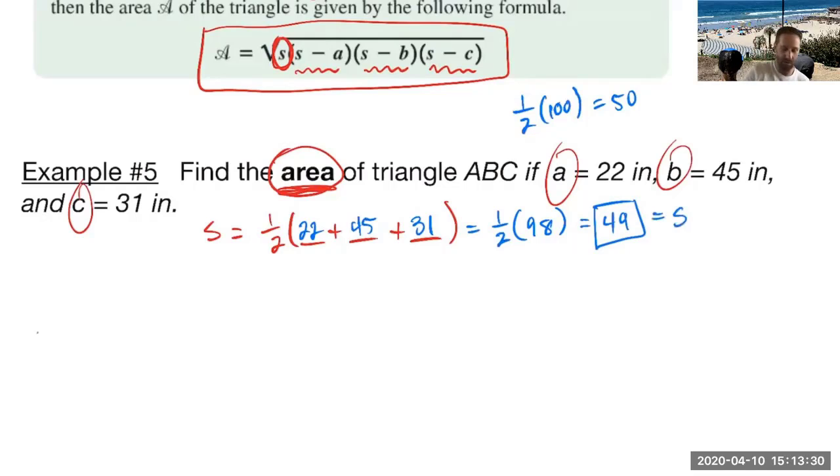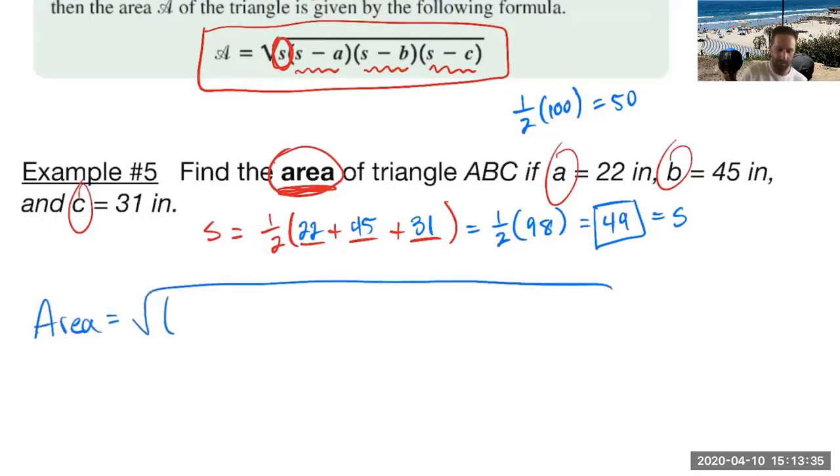So in order for us to find the area, we need to take the square root of that times that minus each one of my three side lengths. So I'm going to start by putting in that semiperimeter of 49 in all four of my parentheses.